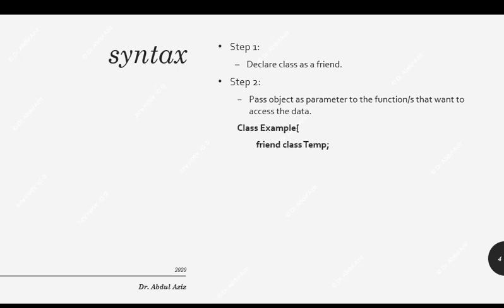Let us move towards an example. We create a class Example and declare a temporary class, Temp, as a friend of this class Example.